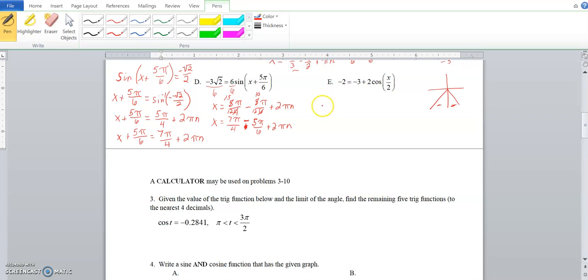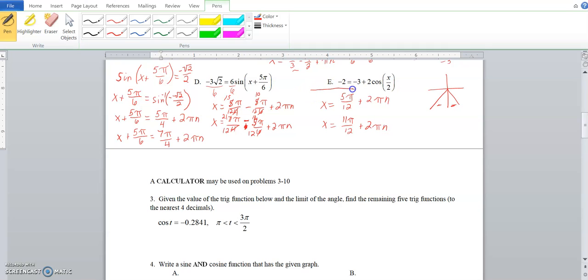So one of our answers is x equals, so 15 pi over 12 minus 10, that's 5 pi over 12 plus 2 pi n. And here we took times 3 to get 12, so that's 21 times 2 to get 12, still a 10. And that's 11 pi over 12.